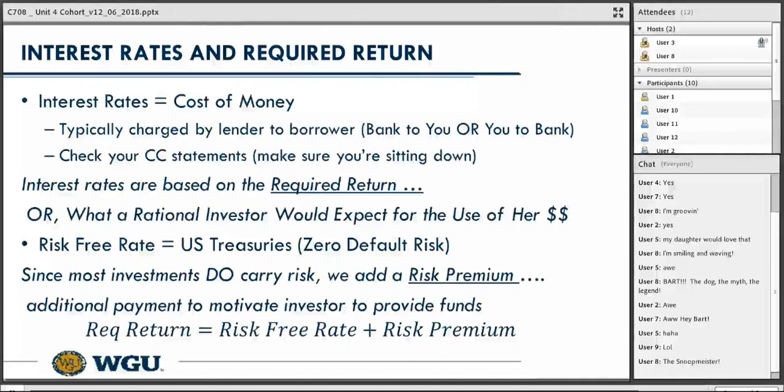So the thinking is the U.S. government would never be in a position where they would be forced to default on their obligations. Therefore, U.S. treasuries are assumed to be zero default risk. Now, since all other investments pretty much do carry risk, we then add a risk premium to this risk-free rate, and that's how we come up with the idea of the required return.